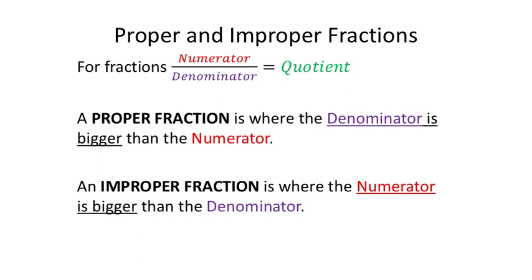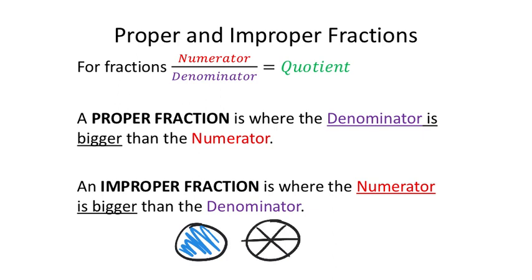Now, in examples, like we're going to be seeing here shortly, we will know if a fraction will need to be improper if you have more than one whole of something, right? Like in the last example, what do we have? We had some circles, and then they were shaded blue. So there was one full circle, and then there was another circle that was split something like this, and maybe it's got a couple pieces shaded.